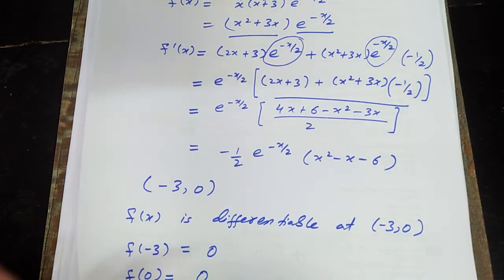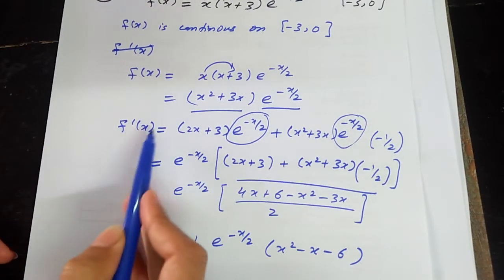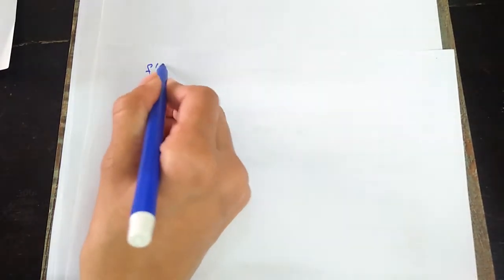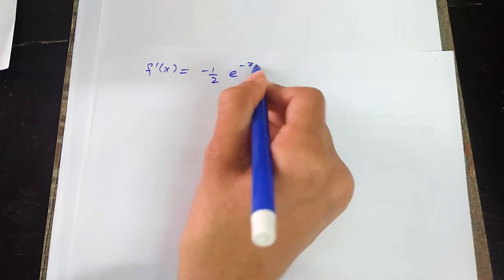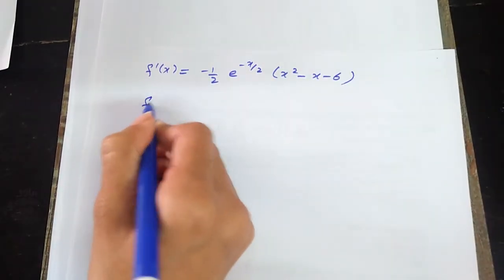For calculating the value for c, we need to put c in place of x here in the derivative. F dash of x was equal to minus 1 by 2 e raised to power minus x by 2 into x square minus x minus 6. Put c in place of x.